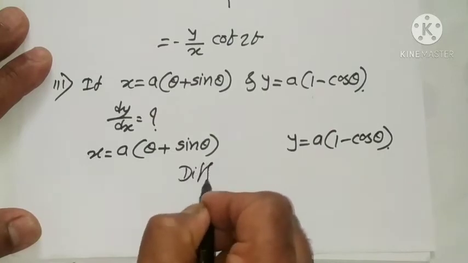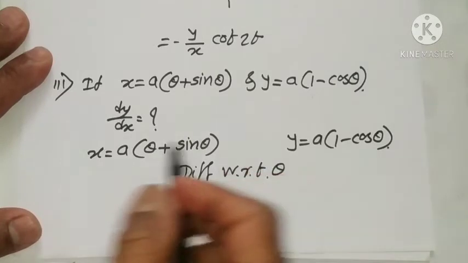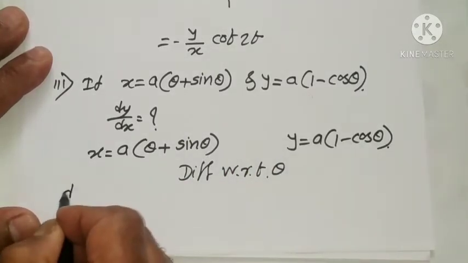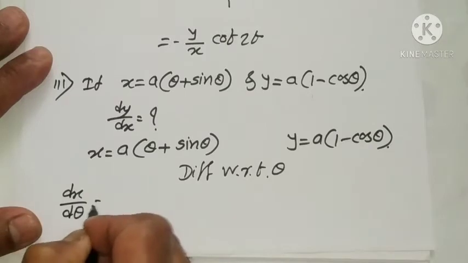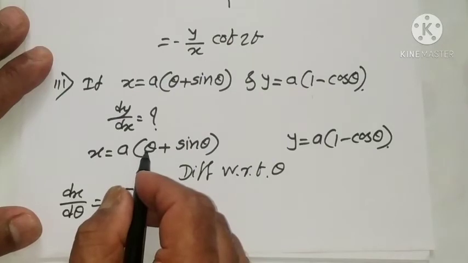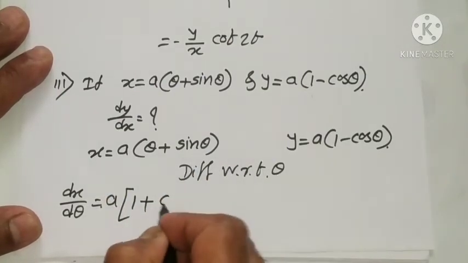Differentiate with respect to theta because variables x and y depend upon theta. Then dx upon d theta is equals to a into bracket d by d theta of theta, that is 1, plus derivative of sin, cos theta.